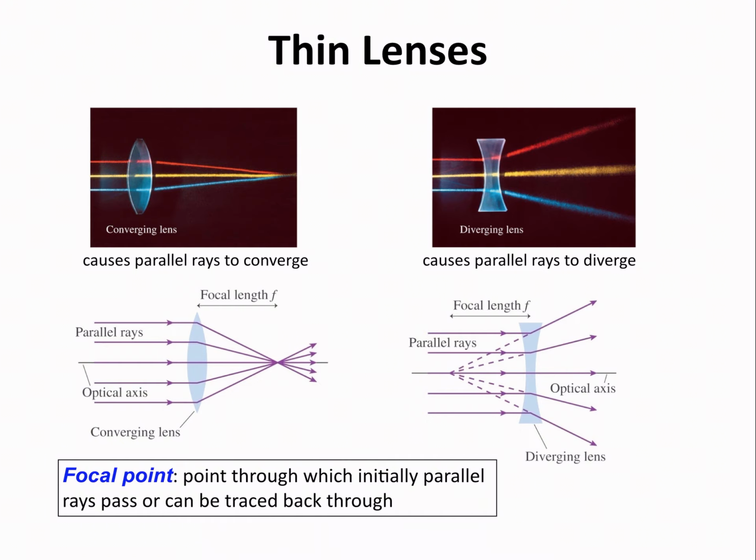Okay, so the focal point is the point through which initially parallel rays pass or can be traced back through. So this is when you trace them back. This is when they pass through this focal point.